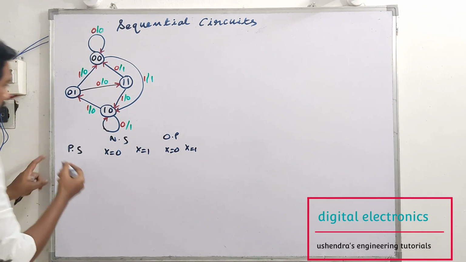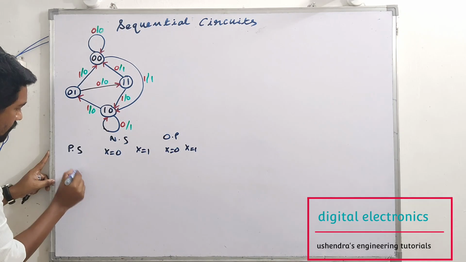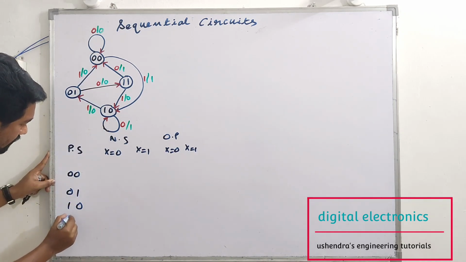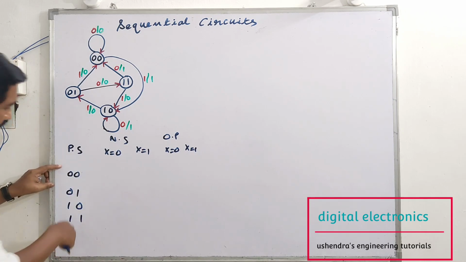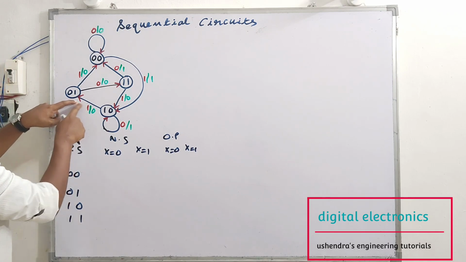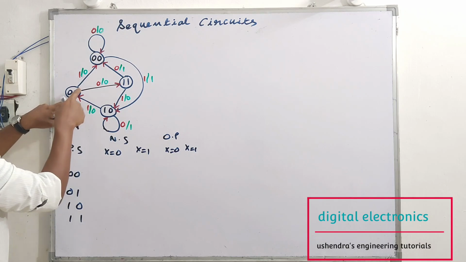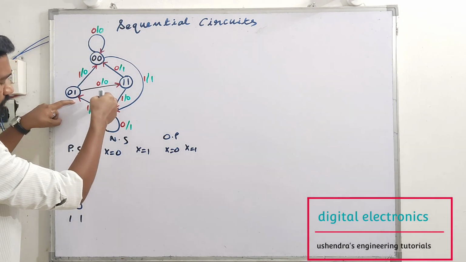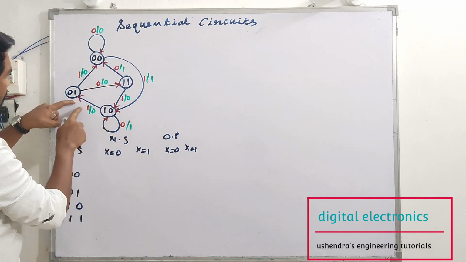All right, so the present states go 00, 01, 10 and 11. So these are the present states. And these lines indicate the transition from the present state to the next state, and these red arrows, that information we have to grab from the given state machine.